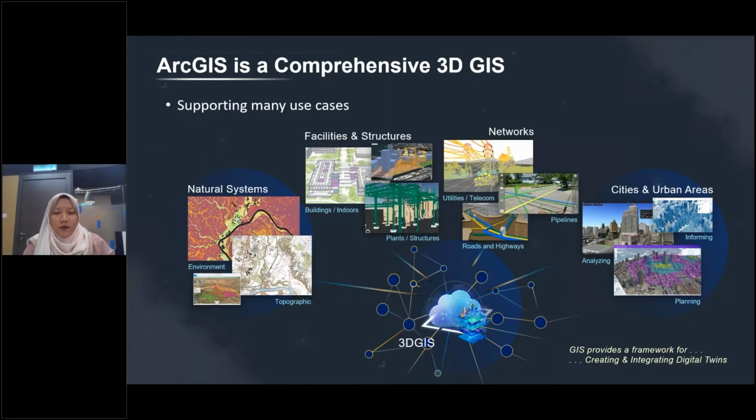As you can see here, 3D in ArcGIS Pro supports many use cases to solve problems. We start with the natural system, for example, if you want to do flood analysis. For the facility, if you want to see the assets that are located inside your 3D building, you can do it inside your ArcGIS Pro.